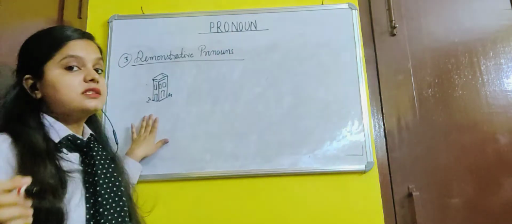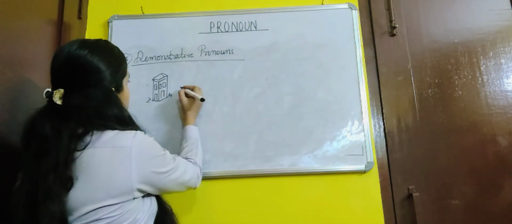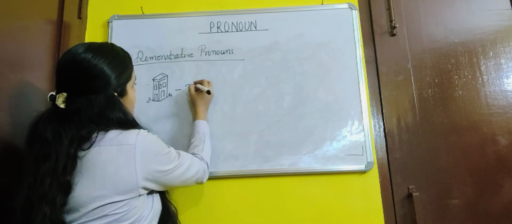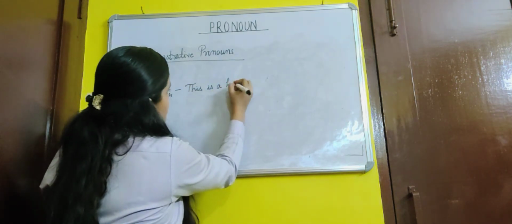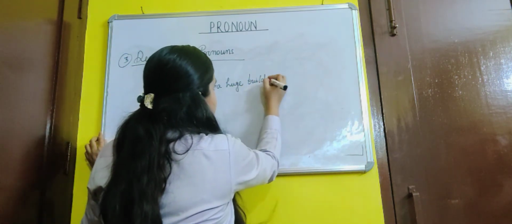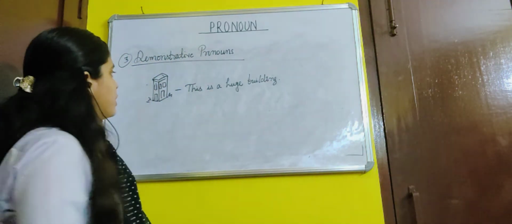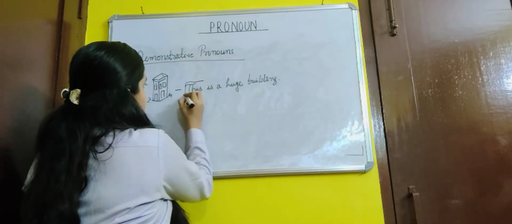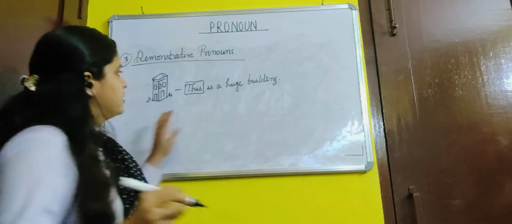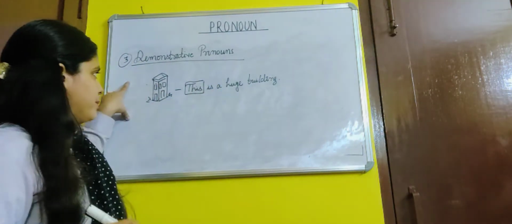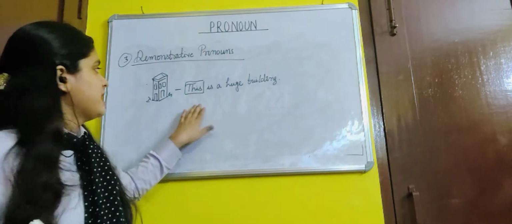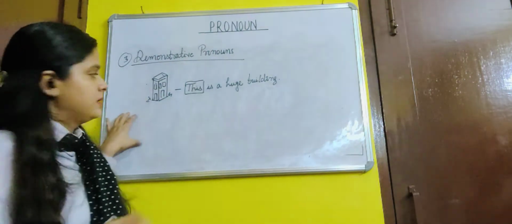So it's a building. This is a huge building. Okay, so here this one. Here the word this is a demonstrative pronoun because it is pointing at this building.